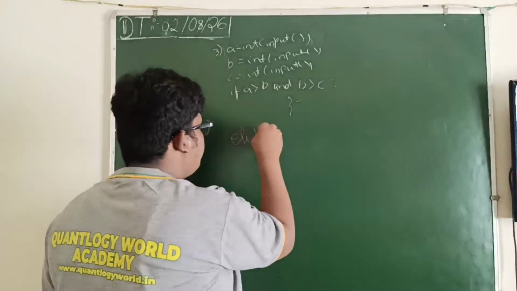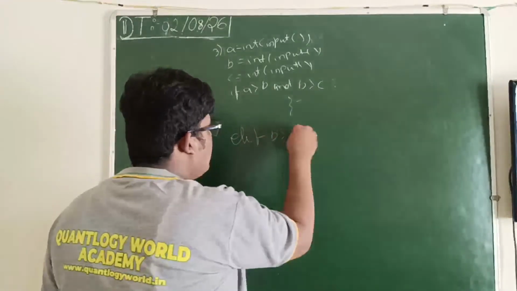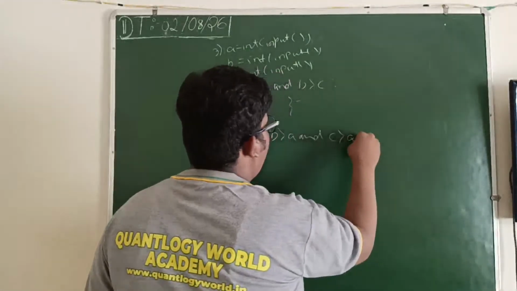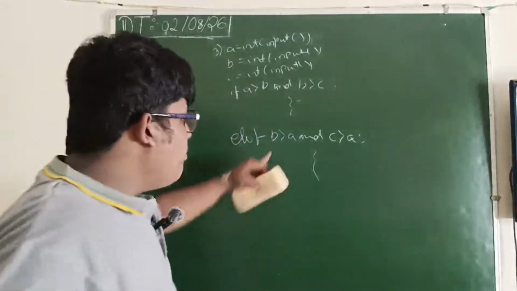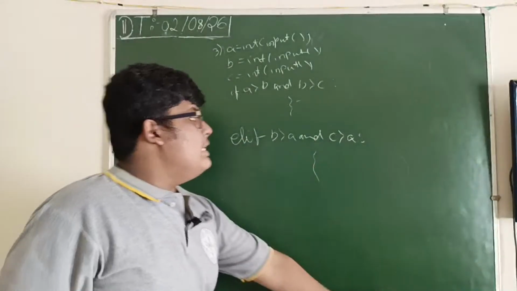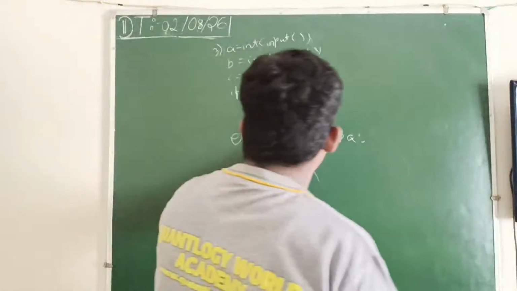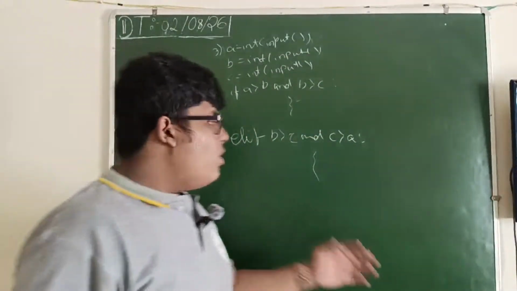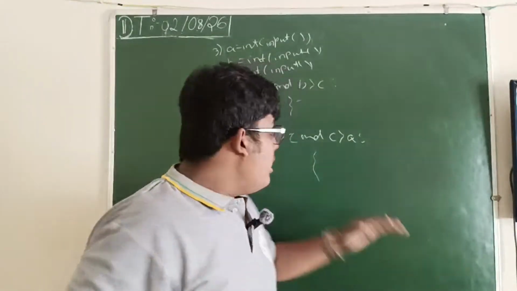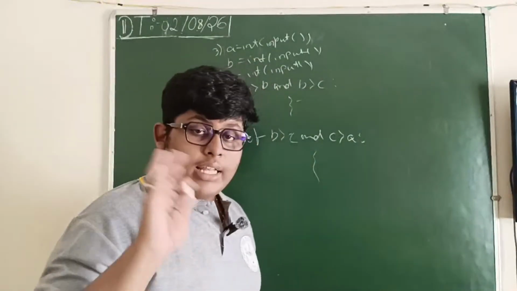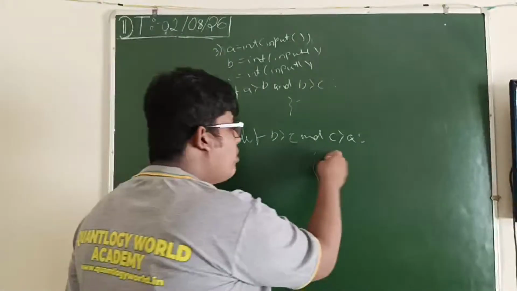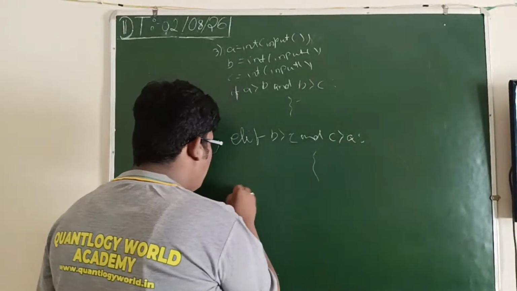Then elif B greater than A and C greater than B, then we can know that A is the smallest number, C is greater than A, and B is the largest among all. According to that, we will also print some statements here.